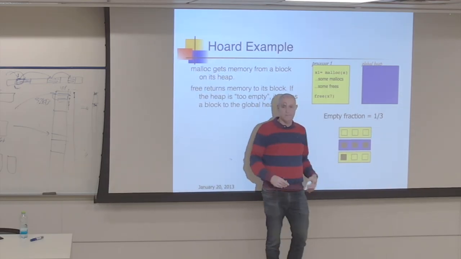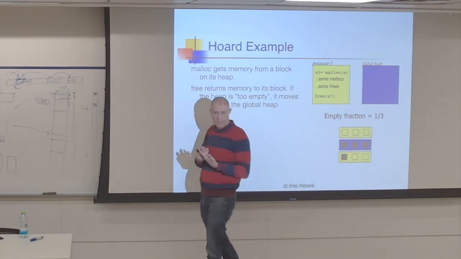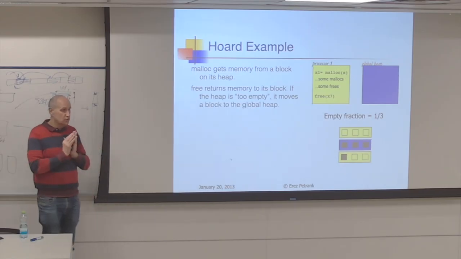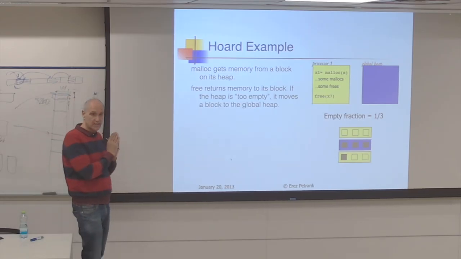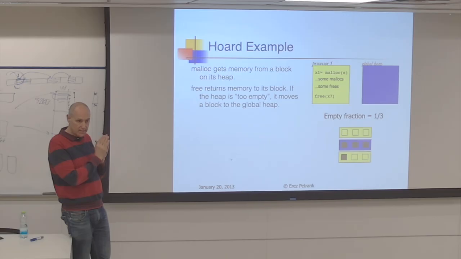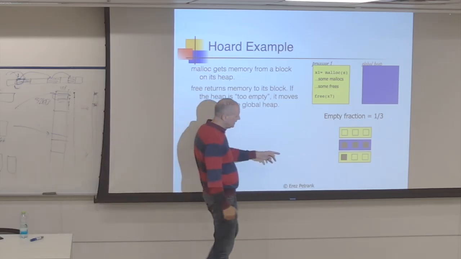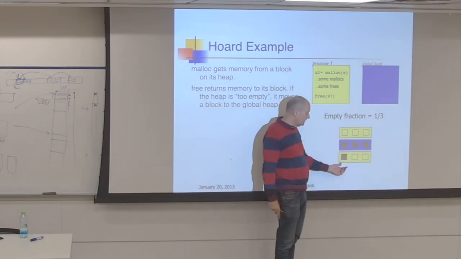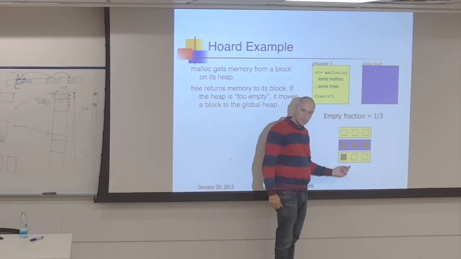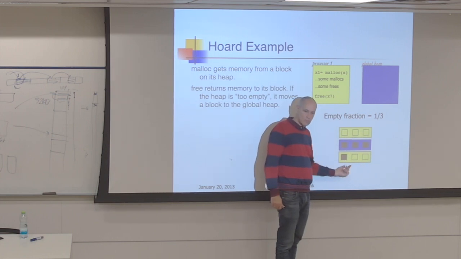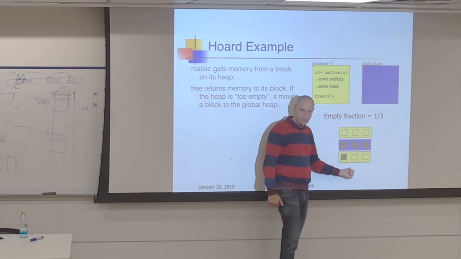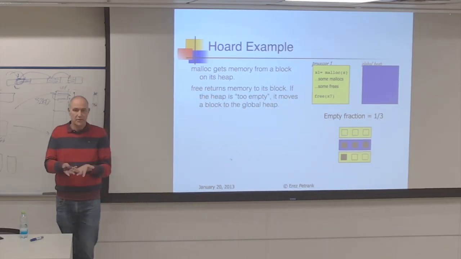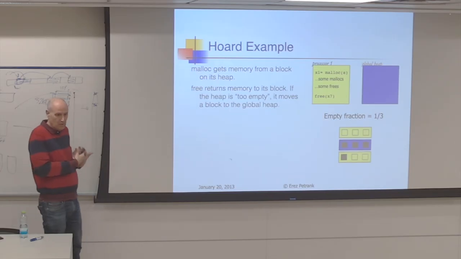But maybe if a third of my block is free, that is too much, and there are not enough blocks that can be used by the system. I give this block back as well so others can use it. And this is a trade-off. I know that I could now get false sharing because another thread may allocate on the same block, but I don't want to just keep blocks that are a third empty and not use them.